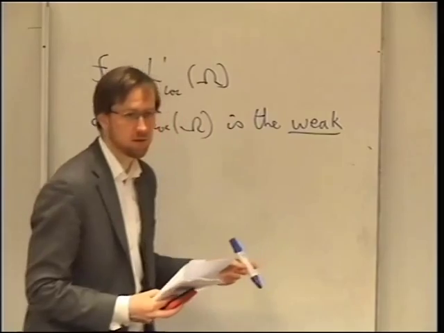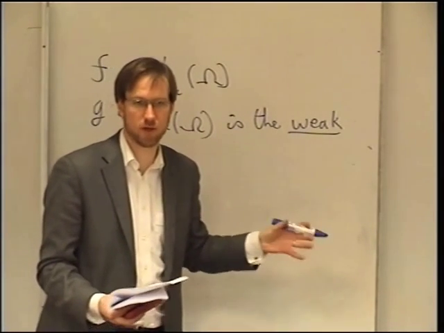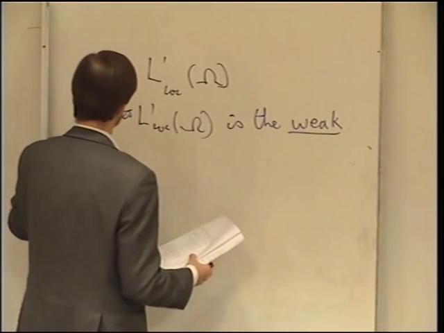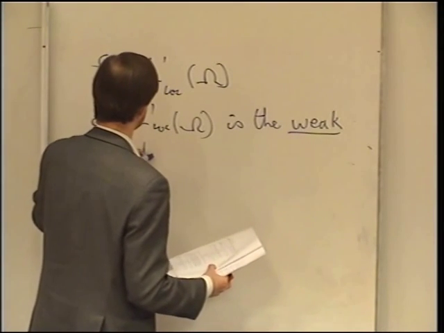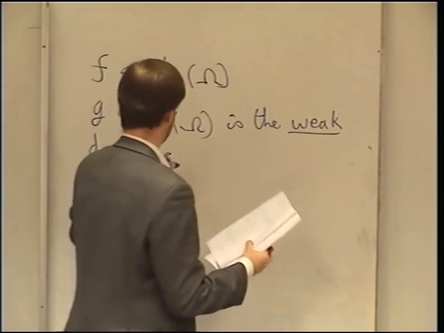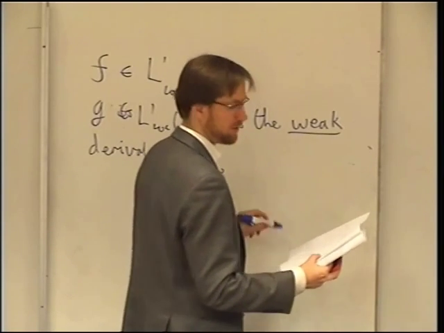So we're using the word weak in the same sense that we were using it when we made the weak equations, right? True in some sort of integrable sense. The weak derivative, which I'm going to very temporarily denote D^w for weak.